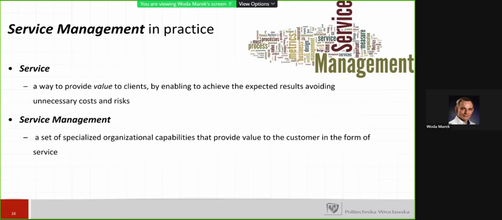In return, that recipient gives us money, or not necessarily money, but predominantly money. So this is a service and service management. Service management allows us to provide the services, and management means that we have control over how we do it, without unnecessary costs.